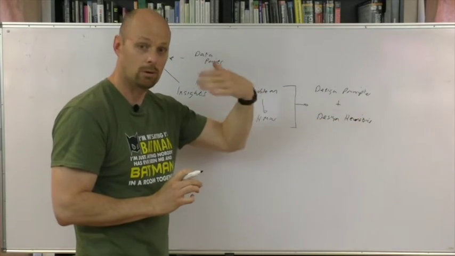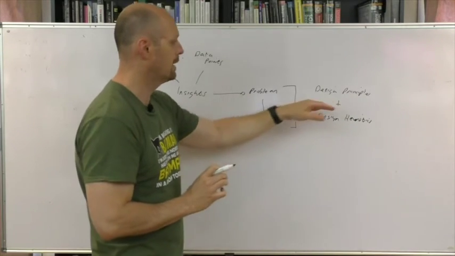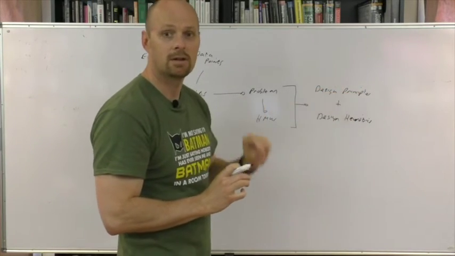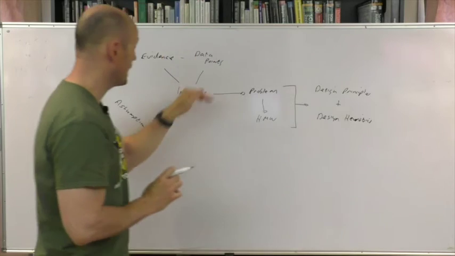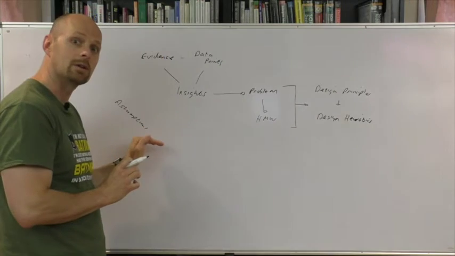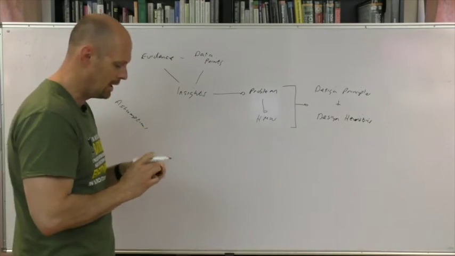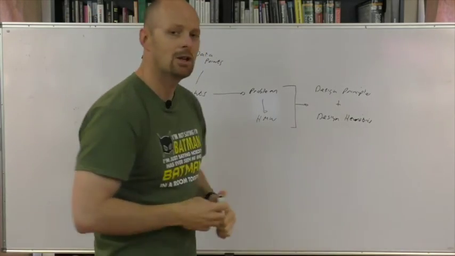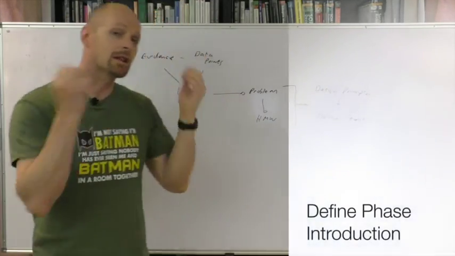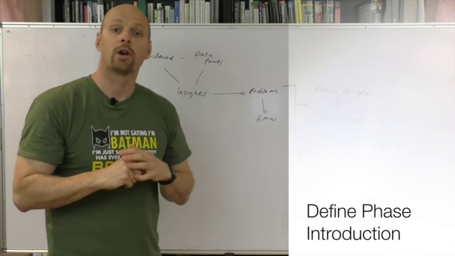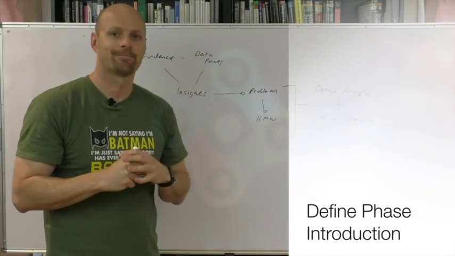If we're successful, then we move on to launch. If we're failing, and the design principles are correct, that means we must go back and test our original assumptions of why we went into this investigation and discovery process in the first place. I'll keep reinforcing that at each stage, but that's really just a context diagram for what we're going into now within the define phase. See you soon.